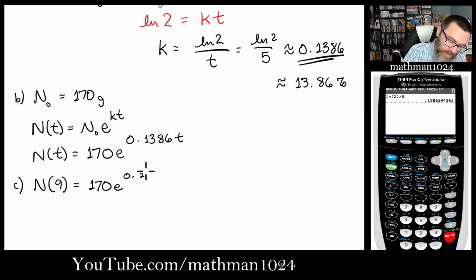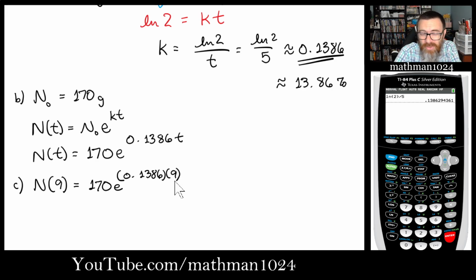And again, this is where we need to go over to the calculator and have it do the work for us. Right? We can't just throw that into a 4-function calculator because it just won't give us anything good. So yes, I've got a bit of rounding going on here. And typically I would say keep all of that decimal, just store that in for x. But here, I'm just going to round to 4 decimal places, and that's going to be, as they say, good enough for government work.